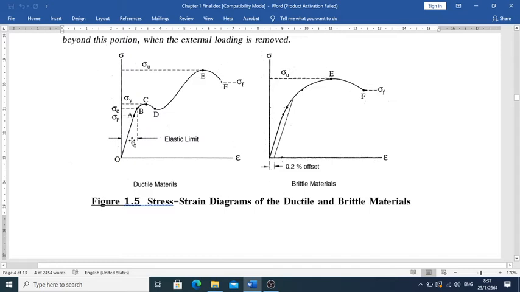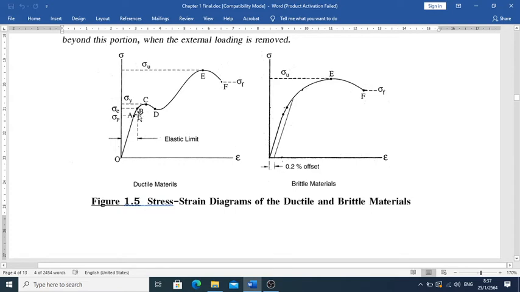Okay, and then from A to B, it's not a straight line anymore. It's going to be very close, but I enlarge it. Typically A to B is very small there, but I enlarge it here. It is no longer a straight line.